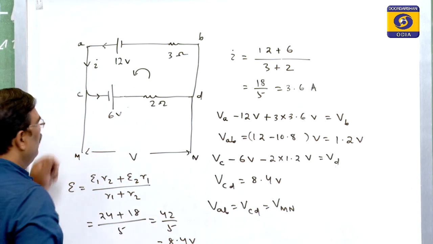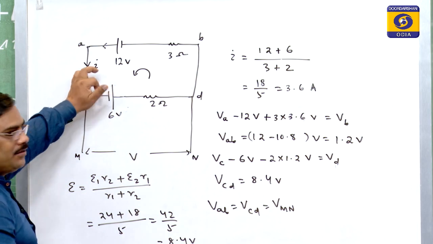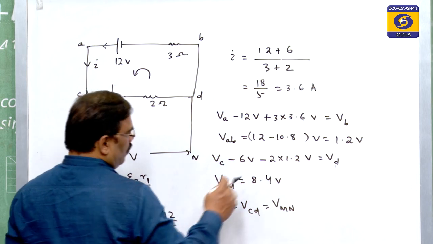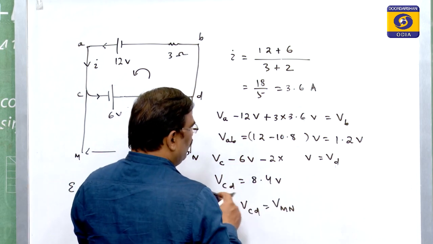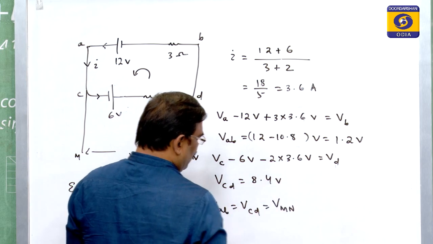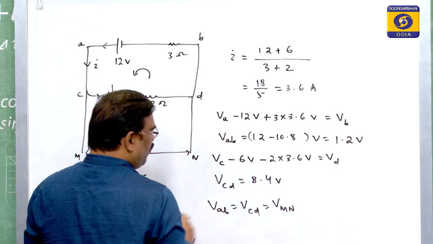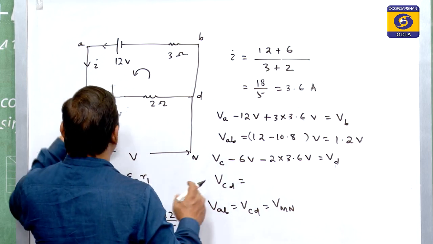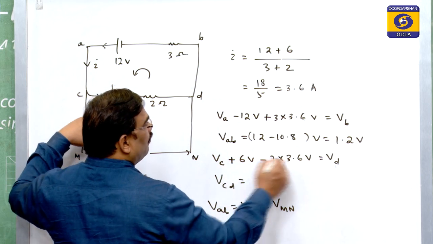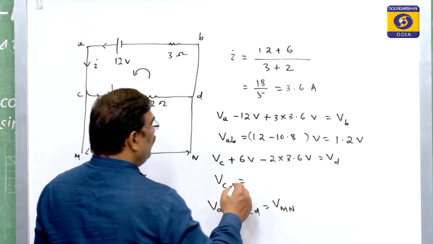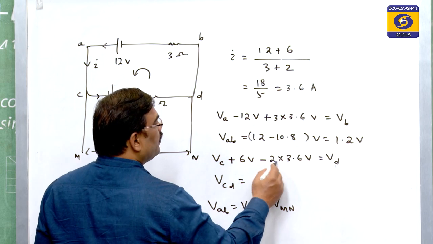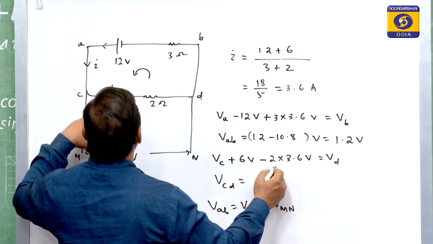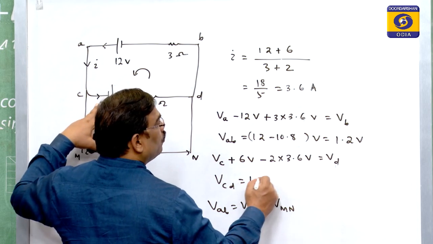If this 6 volt is altered, then similarly in this case also we are getting 2 into 3.6 and this is 7.2. So, if this is altered, then this is plus 6 volt and minus this one. So, VCD will be 6 minus 7.2 and this is 1.2 volt.